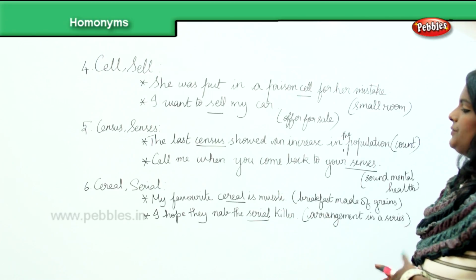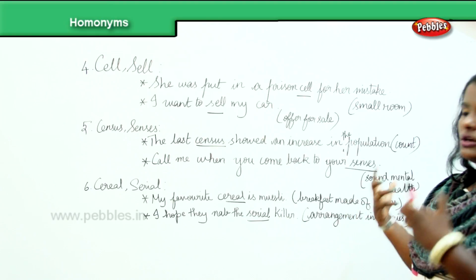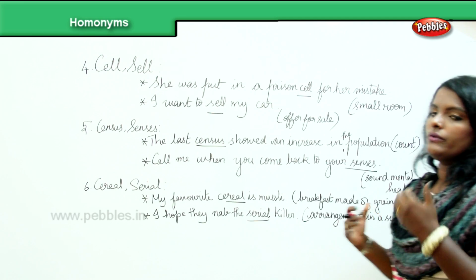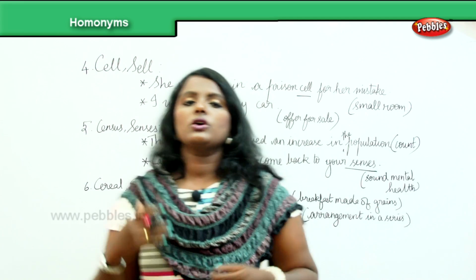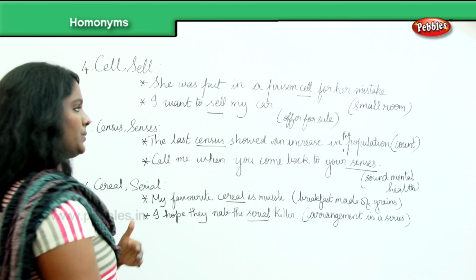My favorite cereal is muesli. So this cereal means the breakfast that is made of grains. I hope they nab the serial killer. So this cereal means a person who constantly has a habit of doing something, arrangement in a series continuously.